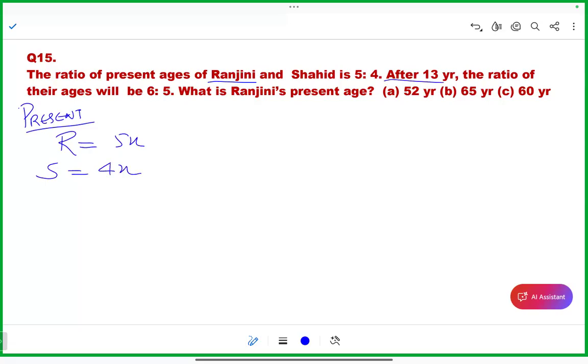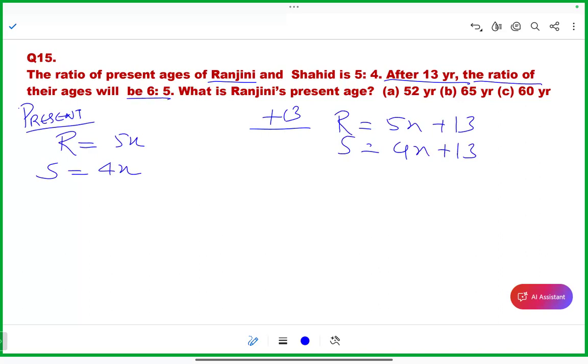After 13 years, plus 13. Rajini is 5x plus 13. Shahid is 4x plus 13. The ratio of their ages will be 6:5. That's it. After that, you solve and tell me the answer.